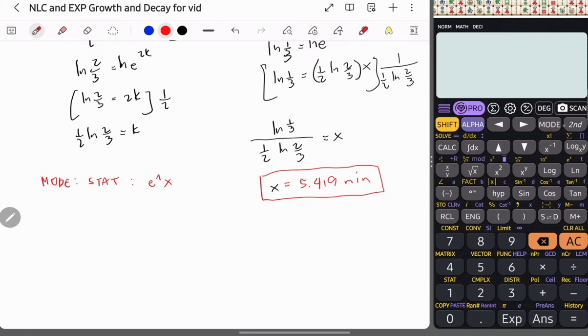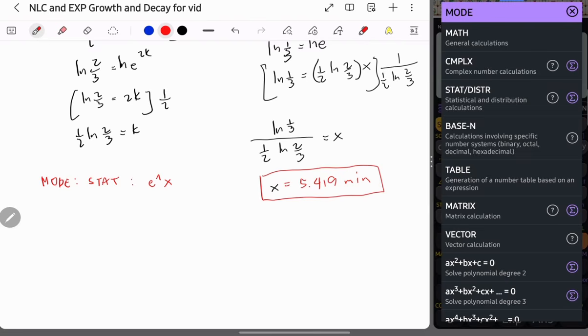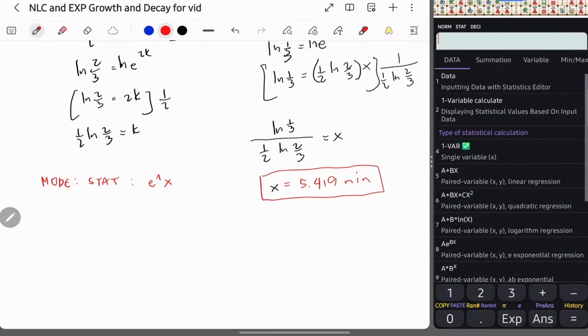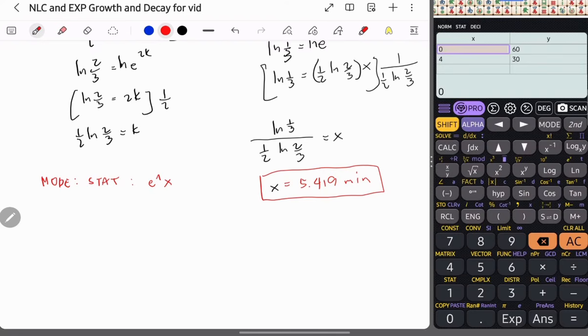You choose that one. So here, mode, stat, then e to the x. But in this calculator, that is e to the bx. Then we will have this x and y.